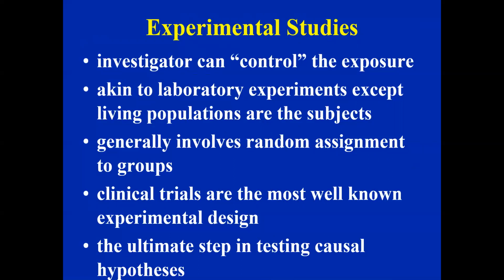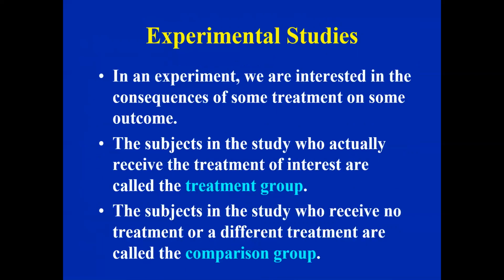So that's the best type of study design which you can have. So if we are doing an experiment, we are interested in the consequence of some treatment or some outcome. So the subjects in the study who actually receive the treatment of interest are called the treatment group, whilst the others who receive a different treatment are called the comparison group.